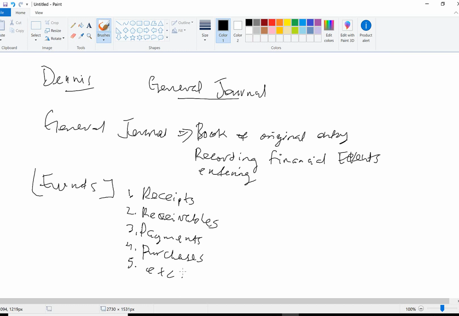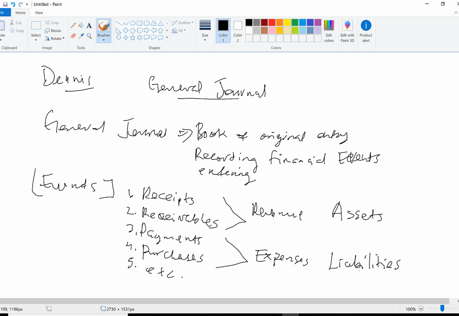So these events, as you can see, you group them. It's kind of revenue, expenses, which is equal to your assets minus your liabilities. Right?